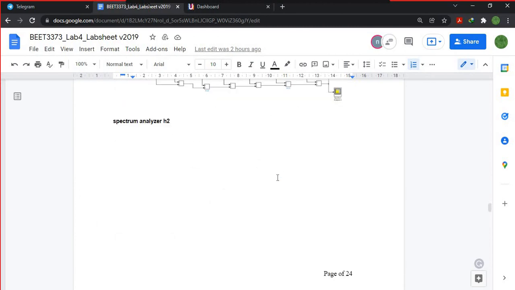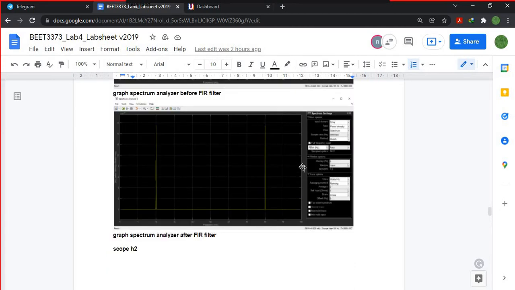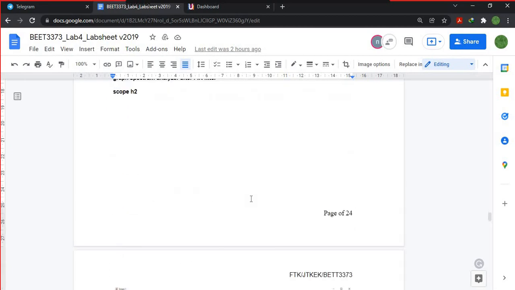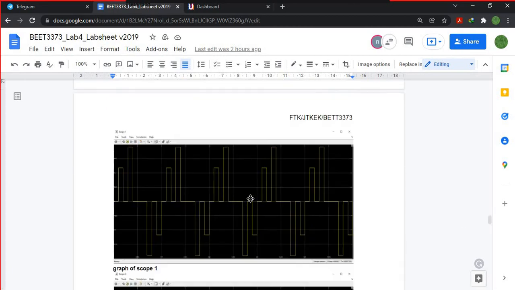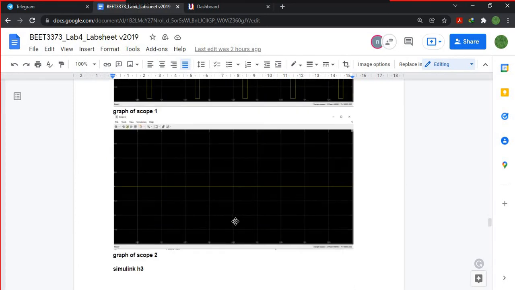The output we get for the spectrum analyzer H2: this is the graph of the spectrum analyzer before the FIR filter, and this is the output for the graph of the spectrum analyzer after the FIR filter. Next, the output scope for H2: this is the output for scope 1, and this is the output for scope 2.